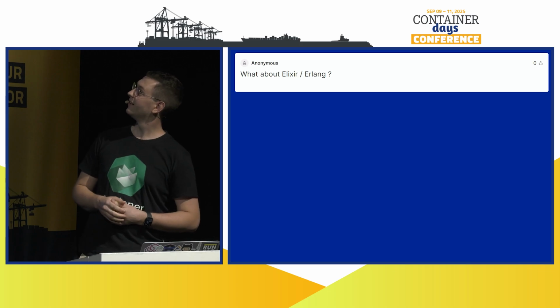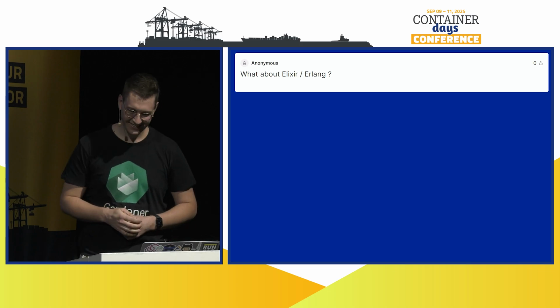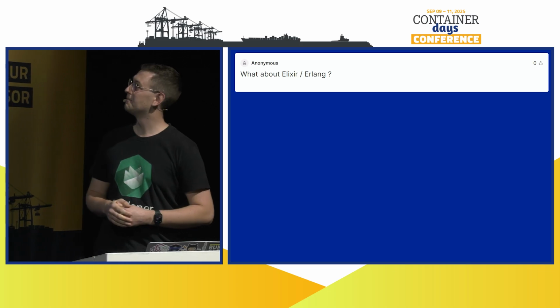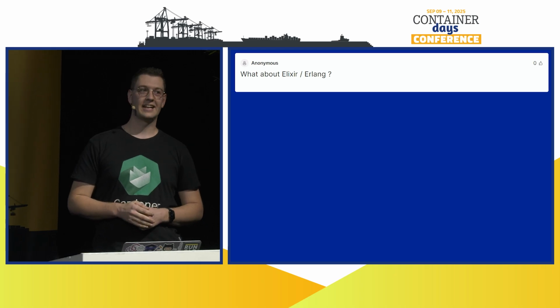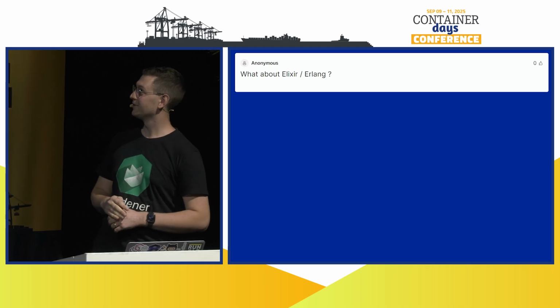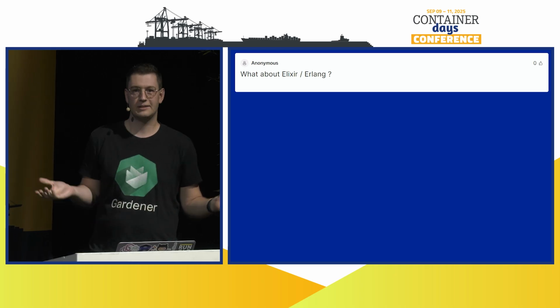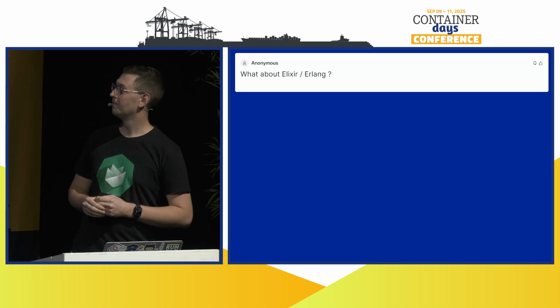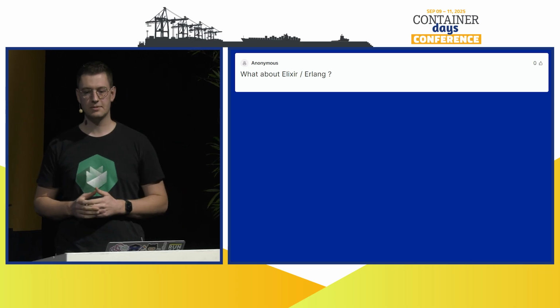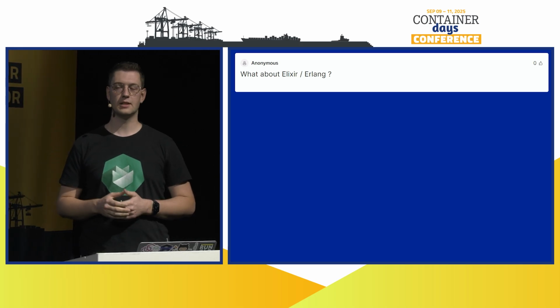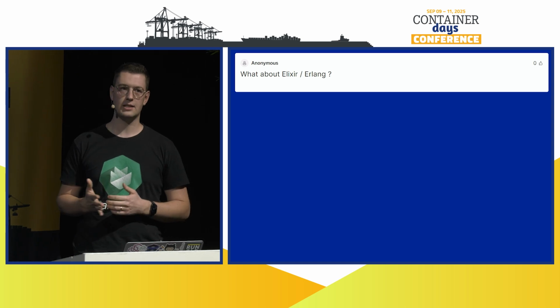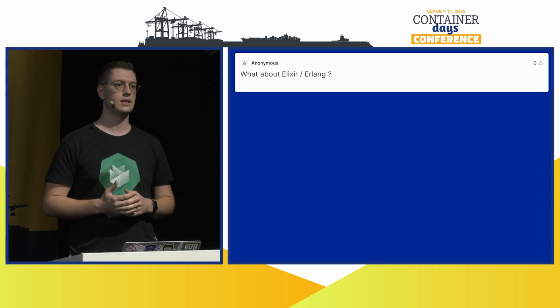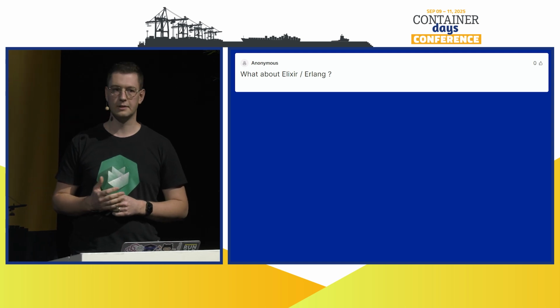Okay, the last question we have so far is, what about Elixir Erlang related to using Go? Yeah, I haven't touched those yet. Luckily, maybe, I don't know. But as for the concept, it should be applicable to any programming language or any controller framework.